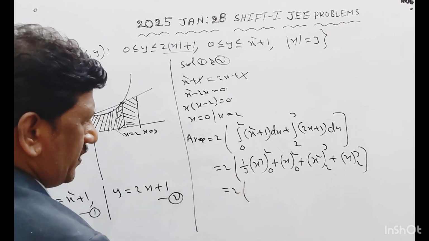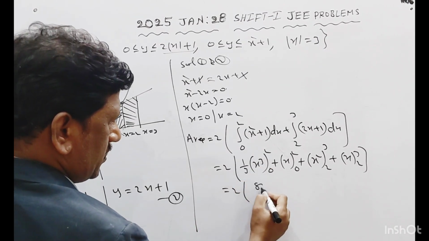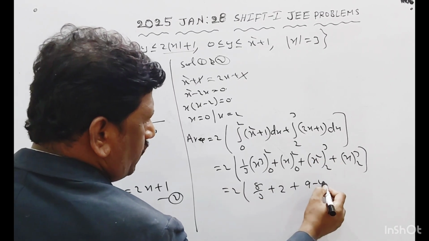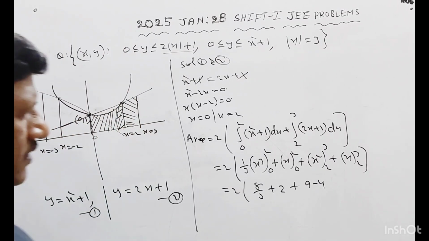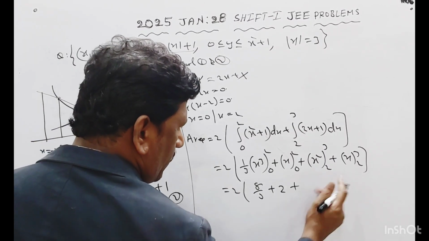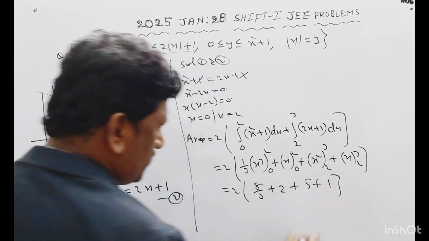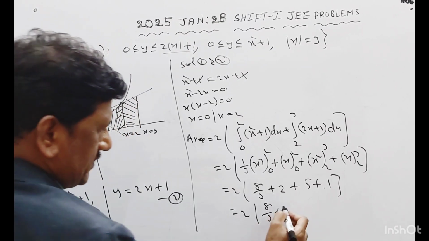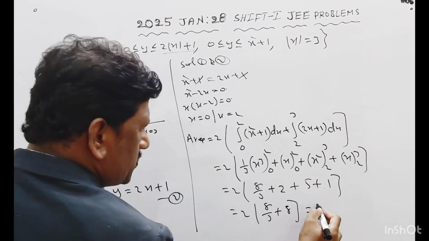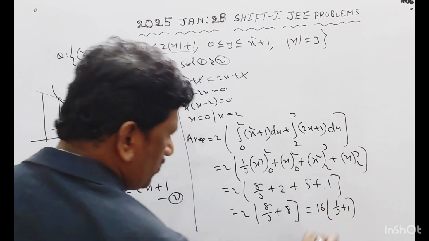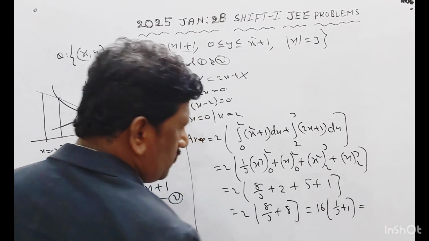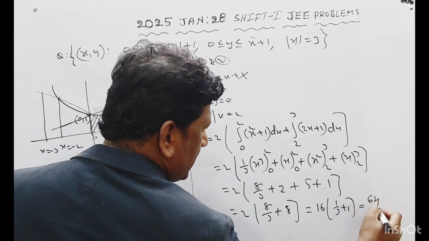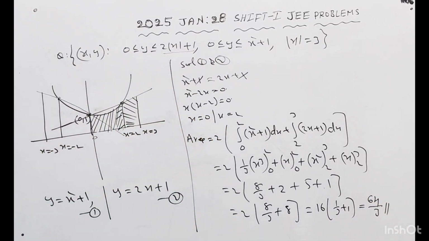After simplification, you will get 2 power 3, that is 8 by 3, plus 2, plus 9 minus 4, that is 5, plus 1. So this is equal to 2 times of 8 by 3 plus 8. Take 8 common, so 16 will come, 1 by 3 plus 1. After simplification, 3 plus 1, that is 4, 4 into 16 is 64 by 3 square units. So this is the answer for this problem.